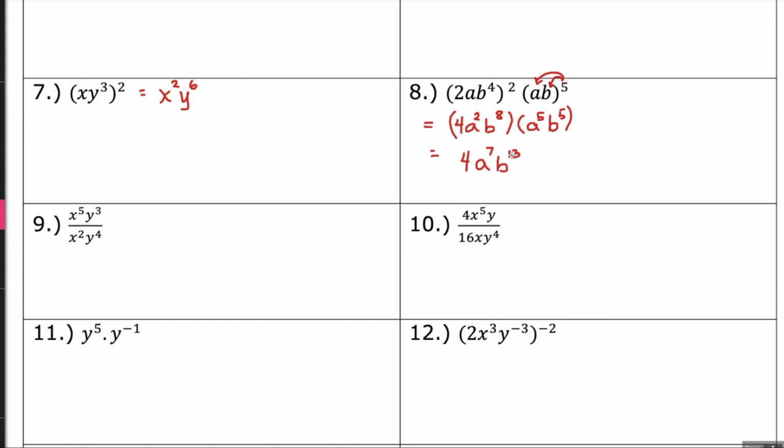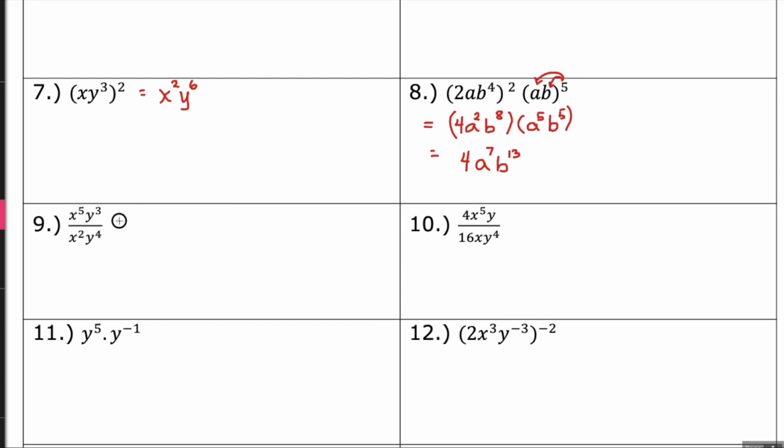Okay, good. Now, for item number 9, this particular item is almost similar to the previous question where you have to divide 7 raised to 5 over 7 raised to 3. But in this case, you are dealing with variables. But it's the same concept.